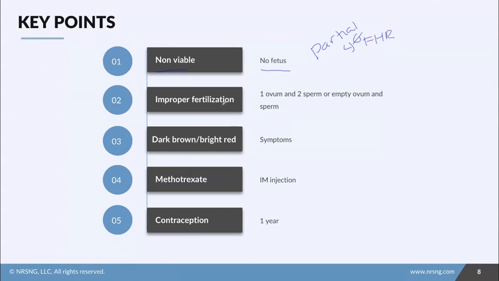There's improper fertilization, so either one egg, one ovum, and 2 sperm, or an empty ovum and a sperm. There's dark brown to bright red bleeding. That's going to be one of our symptoms. It's good to know. And remember, a lot of times it's those grape-like clusters. And then methotrexate, an IM injection, and that's going to inhibit that rapid cell division. And then contraception, 1 year of contraception.